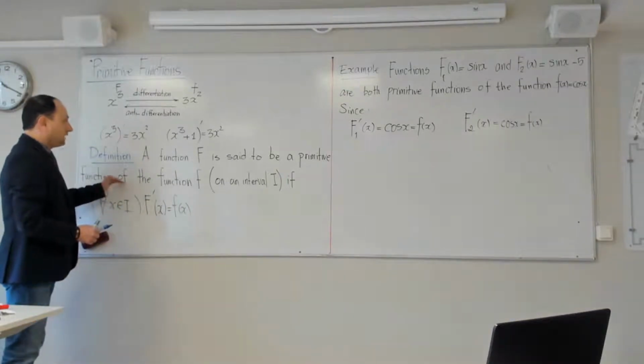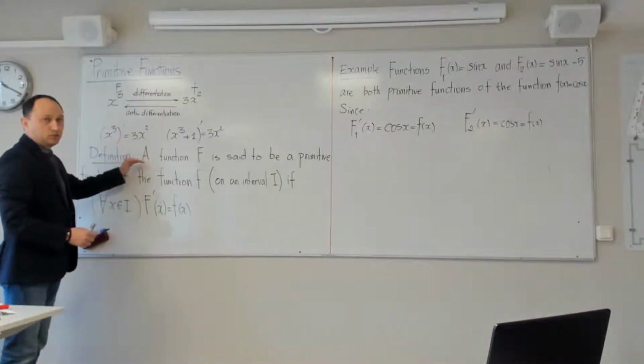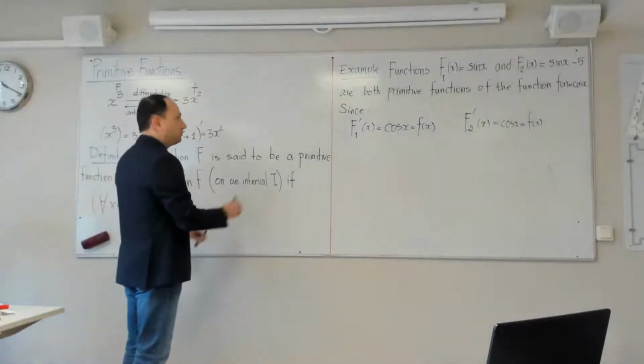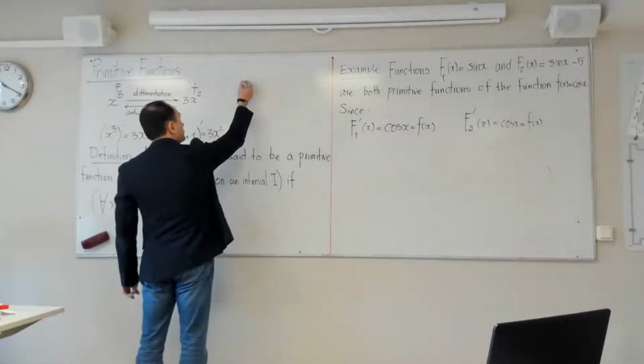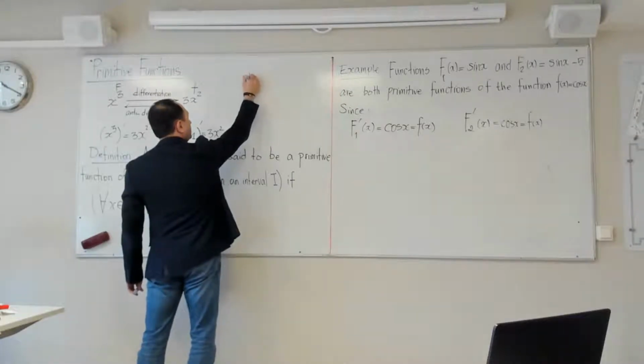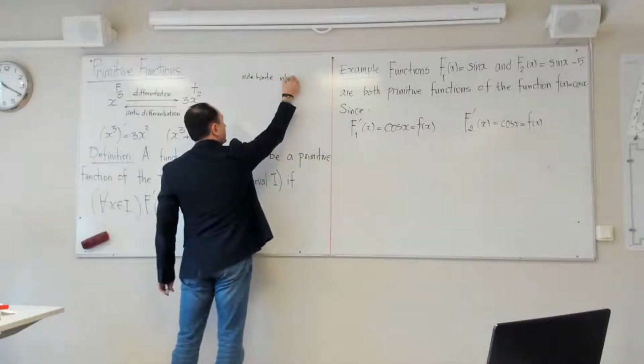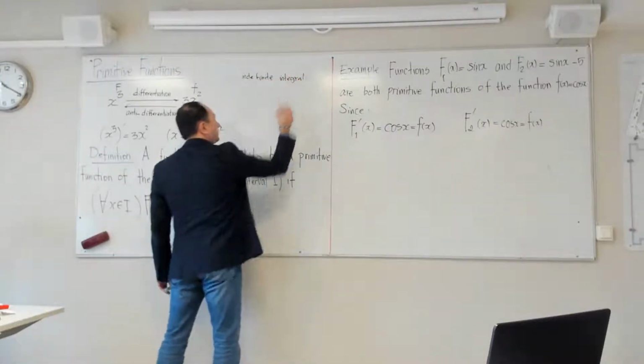In your book, they haven't used any symbol for primitive functions. In principle, the symbol for a primitive function is called the indefinite integral. I want to avoid that because it is not in the book.